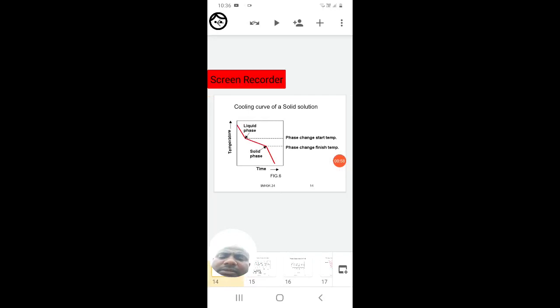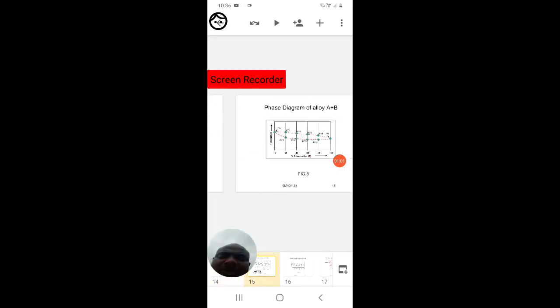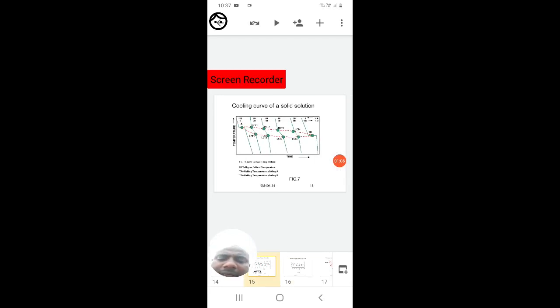TTT diagrams for alloys, you will see here the lower critical temperature and upper critical temperature. So suppose you draw the TTT diagrams: time, temperature, transformation.